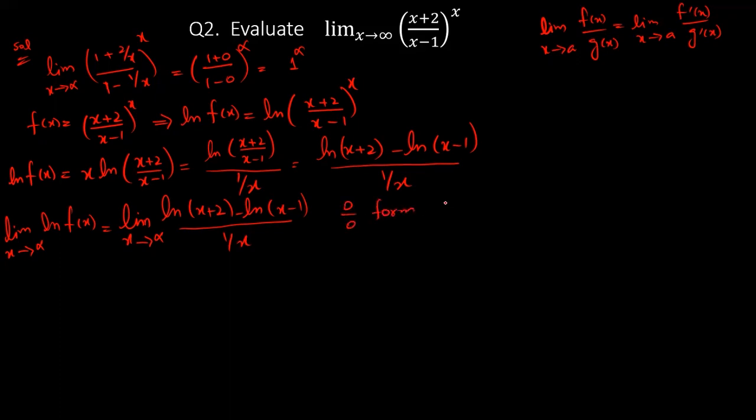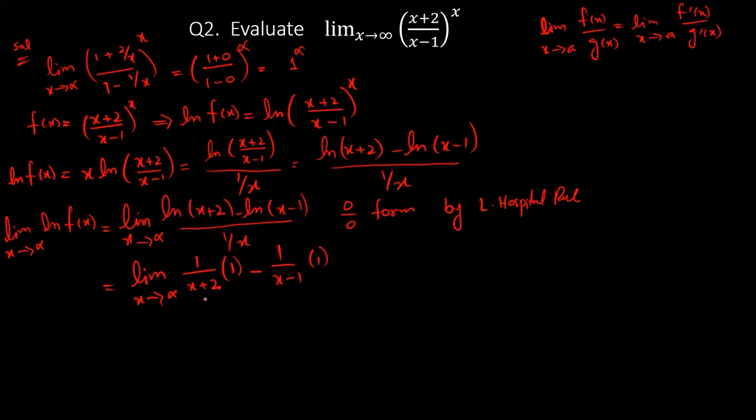So by L'Hopital rule, we can write this as limit x approaches infinity, and when we take the derivative, it will give us 1 by x plus 2, and the derivative of the inside is 1, so we write 1 here, minus the derivative of ln of x minus 1, which is 1 by x minus 1, and the derivative of the inside is 1.